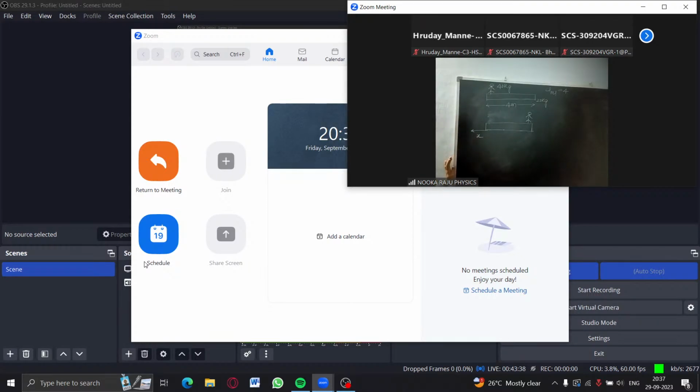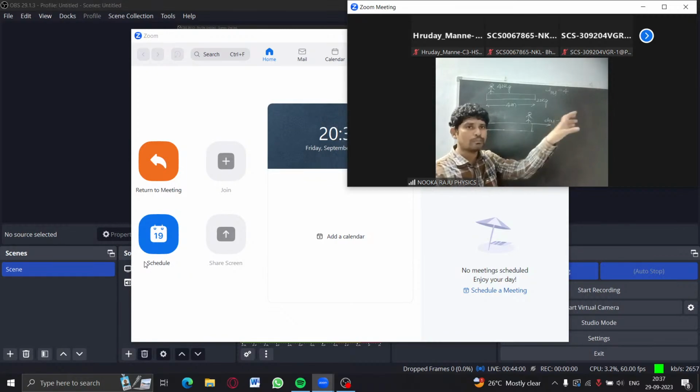This is nothing but d relative minus x, as in the previous problem. Assume this is point A and this is point B. Then the boy travels from point A to point B, what happens?